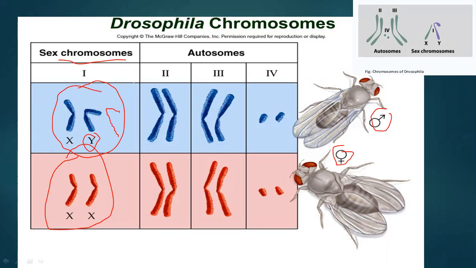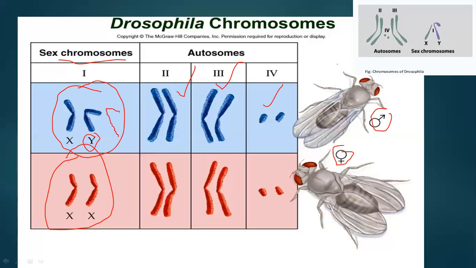Sex chromosomes are also called allosomes, and autosomes carry other phenotypic characters. These are the second pair, third pair, and fourth pair of autosomes. So there are three autosomal pairs and one allosomic pair in Drosophila chromosomes.